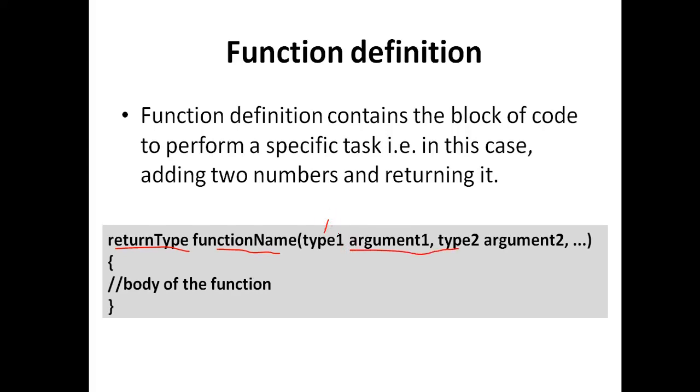Again, it should have data types, and here I need to have the arguments compulsorily. In case of declaration I could have skipped the names, but here I cannot. So type 1 argument 1, type 2 argument 2, and so on. You can take any number of arguments, but remember, in case of function definition there should not be a semicolon here.